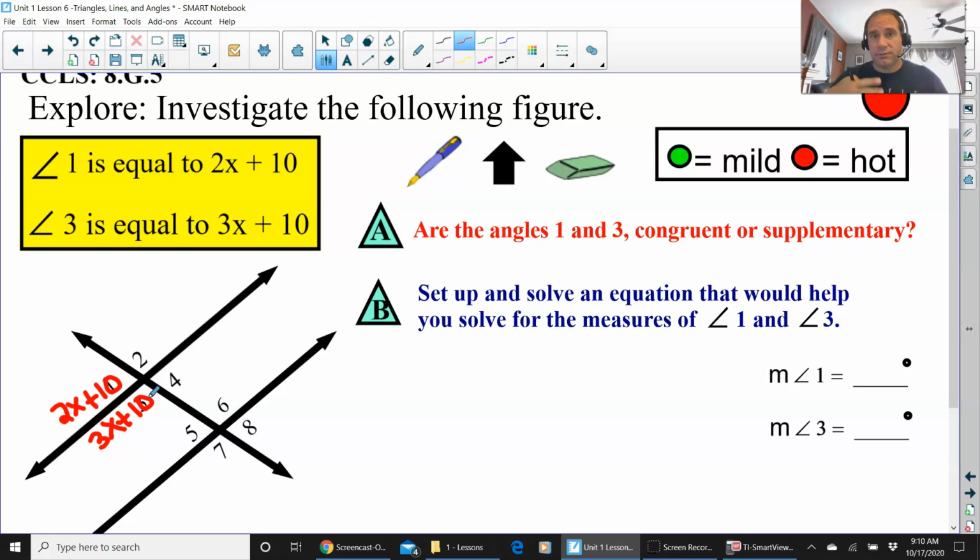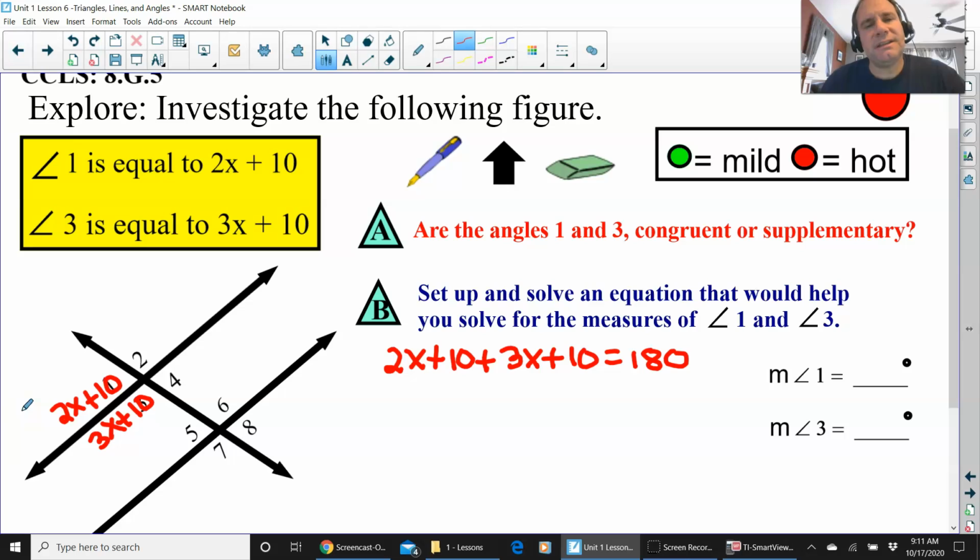Are these equal to each other, or are they part of a straight line that you would have to add together to make it equal to 180? Go ahead, try to put the equation down. Pick an equation. There's only two. Equal to each other, or part of a straight line. Put that equation down, press pause now, and we'll discuss it when we come back.